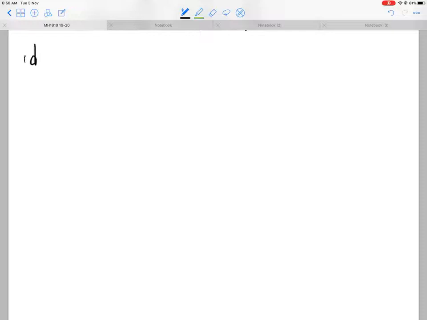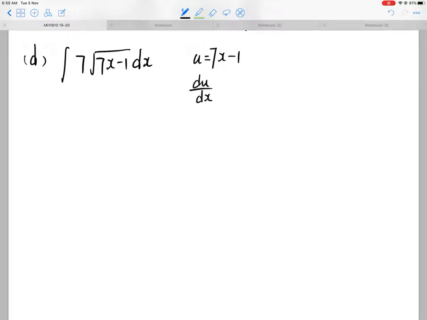So part D, it's the integration of 7 times square root of 7x minus 1 dx. So again, which part is the derivative of the other? 7 is the derivative of 7x minus 1. Right, so 7x minus 1 is your u. And du over dx is 7.